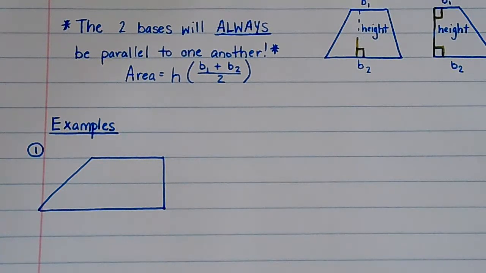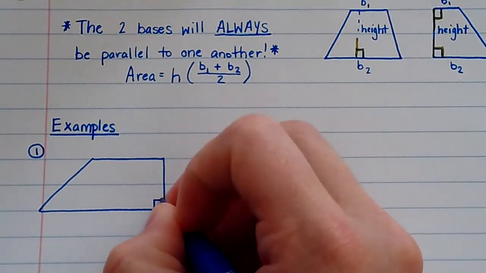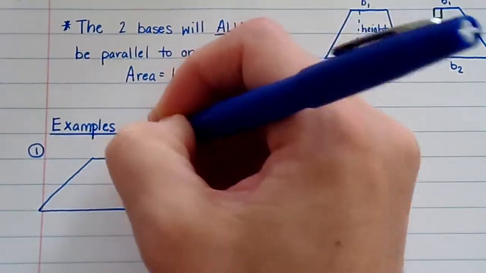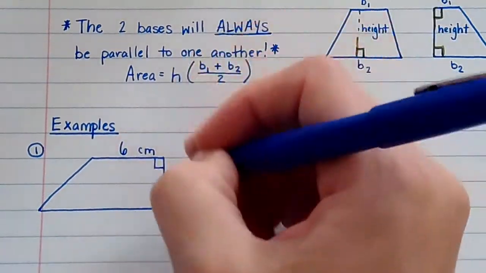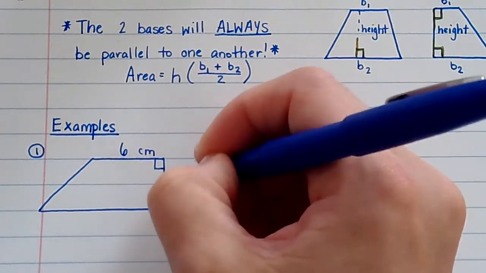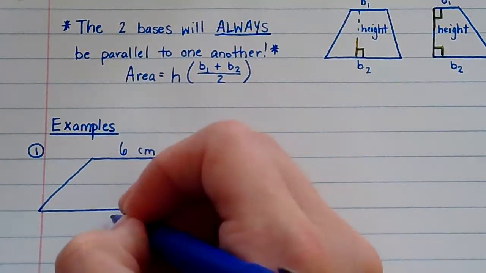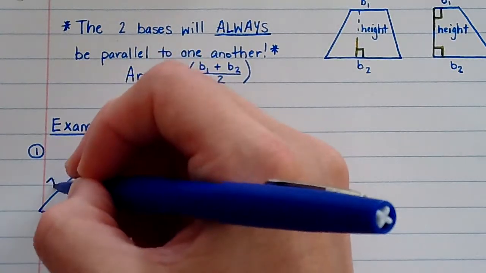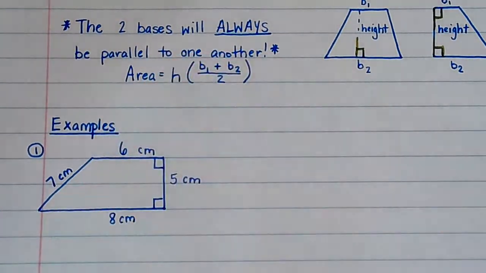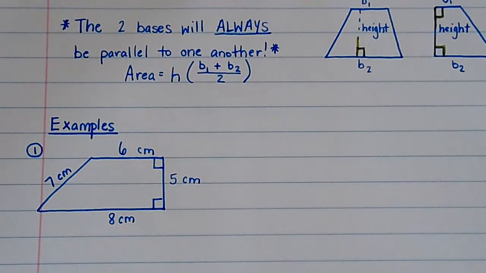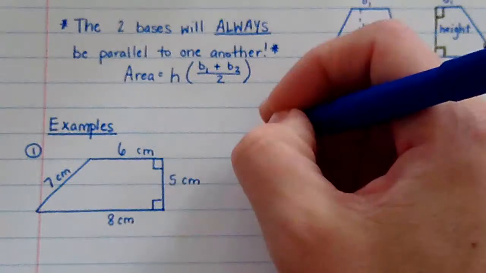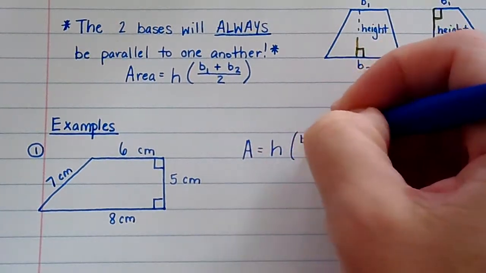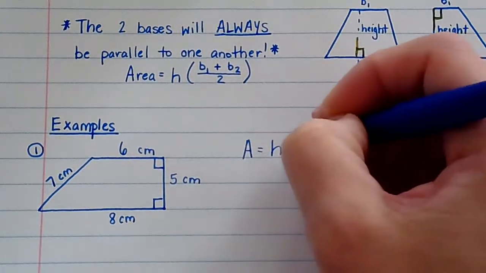Now let me put some numbers with it. All right, so there's all my numbers. Let me rewrite my formula one more time so that I can have it. Also, the more you write it, the more likely you are to remember it.